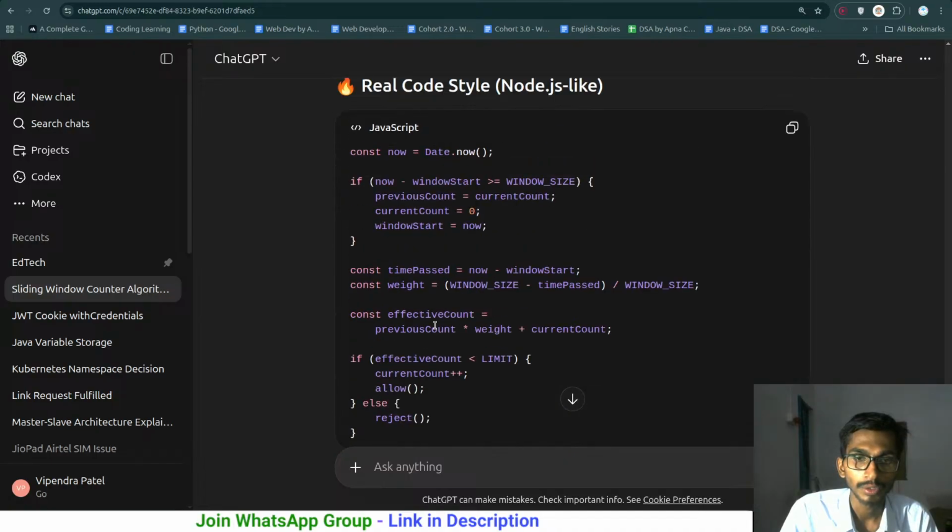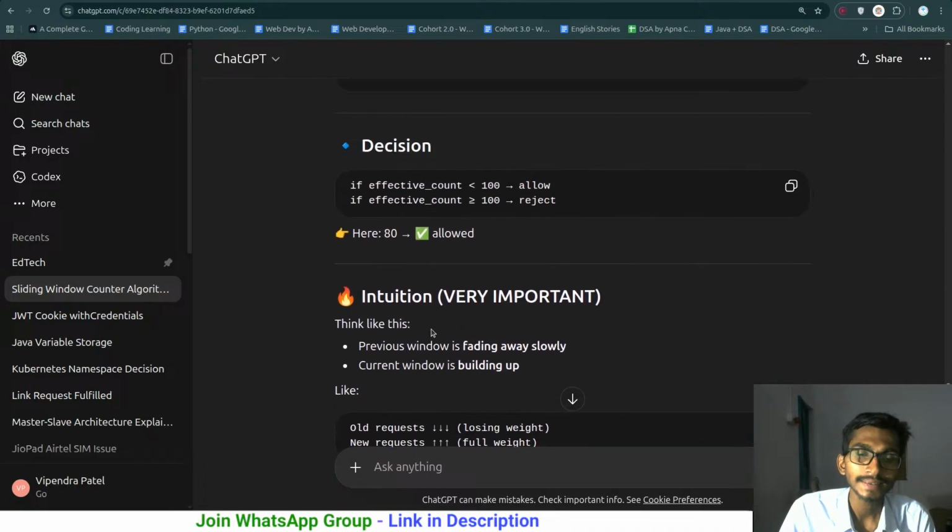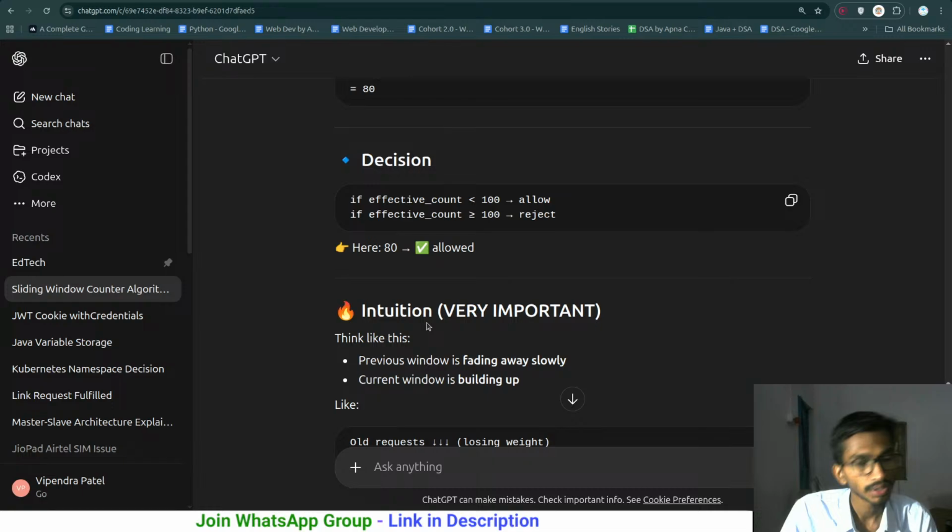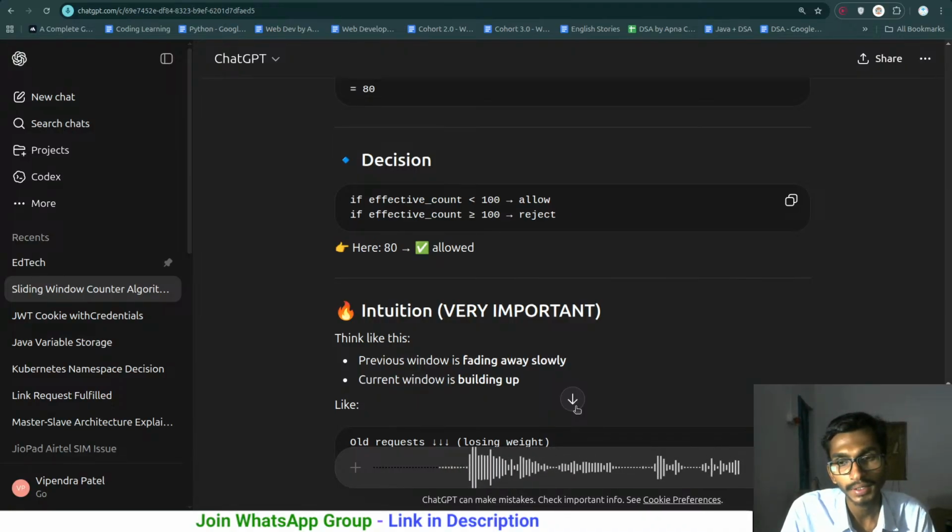There's one more problem here. It is saying that at 80 it is allowed, but you are saying that 100 requests are allowed at a time. In the previous window, 80 requests were there, and in the current window we have 20 requests. So if we add them, they are already 100.